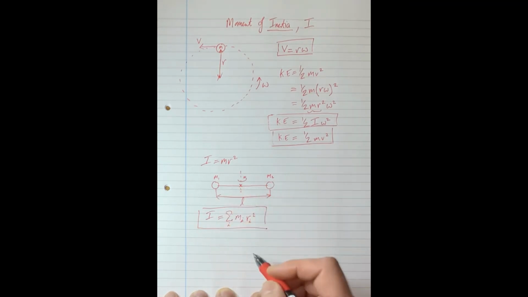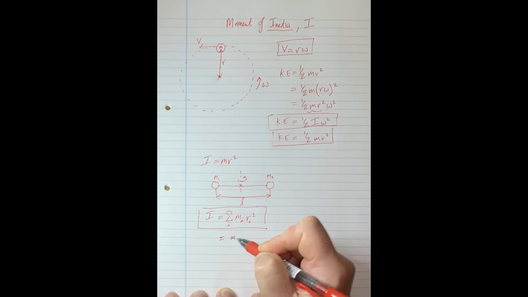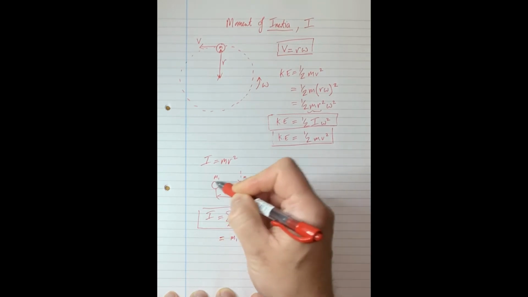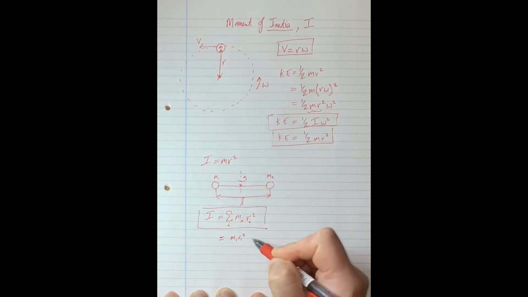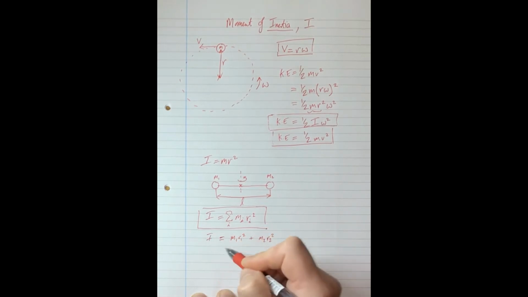In this scenario we've just got two, so we have m1 a distance r1 squared away, plus m2 a distance r2 squared away.